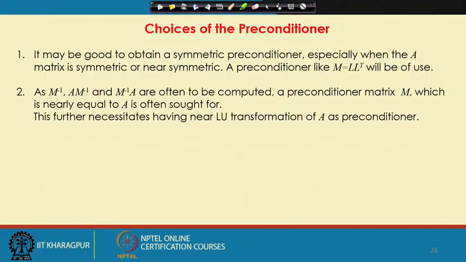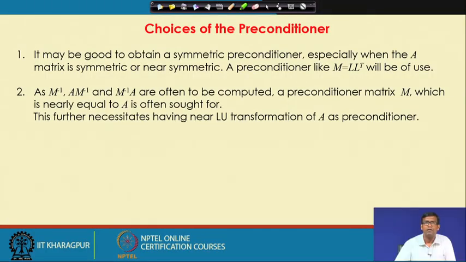If this is close to identity, the problem becomes much simpler. This is straightforward. This further necessitates having an LU transformation of A as preconditioner, because we need some sort of LU transformation to get M inverse. M inverse will be an LU, and M inverse and M inverse A will be close to identity.